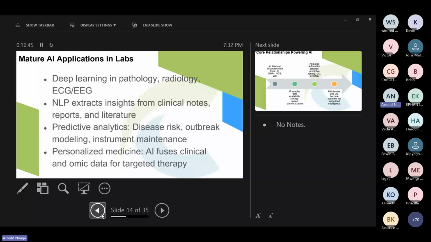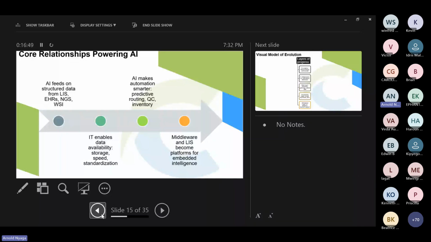So, what is now powering artificial intelligence in our laboratories? Basically, currently we are having structured data. So we're having structured data from our lab information systems, next generation sequencing, and electronic health records.